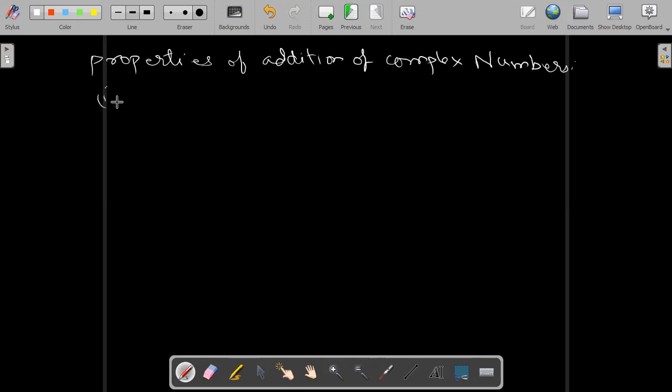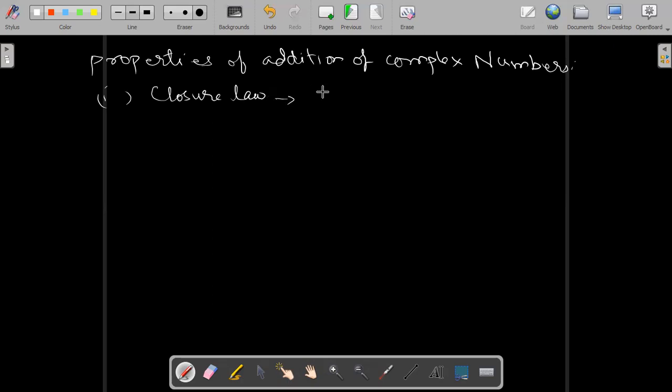First, closure property is followed by the addition. Closure law means if z1 and z2 are two complex numbers, their sum is also a complex number.